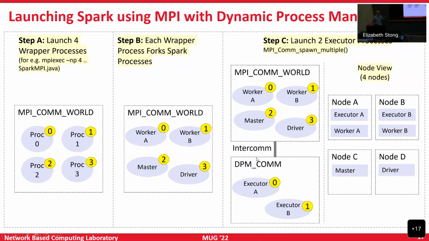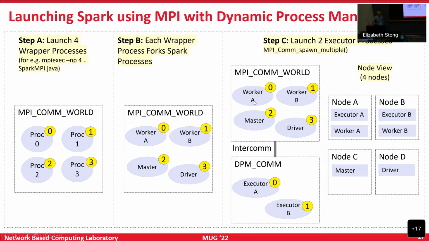But if you go into the details of how DPM works, we have launched 2 new processes, and these newly launched processes communicate over a new communicator that we call DPM COM. If the processes in this newly launched DPM COM and the existing MPI COM world need to talk, they will utilize the intercommunicator, right? This is pretty complicated because now executor A needs to communicate with executor B, and it also needs to communicate with, let's say, the driver, master, and the worker processes.